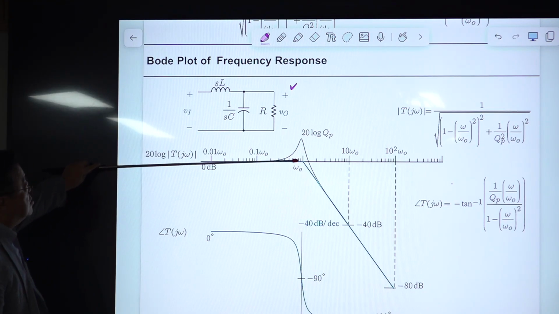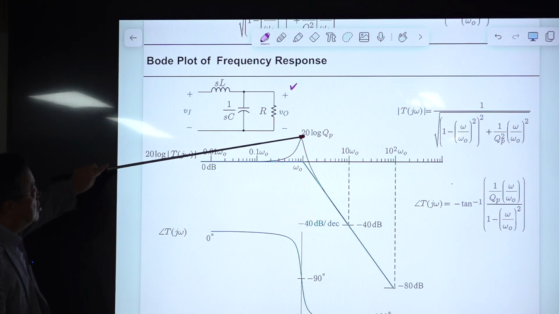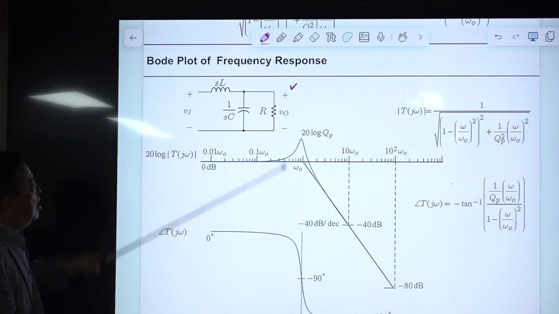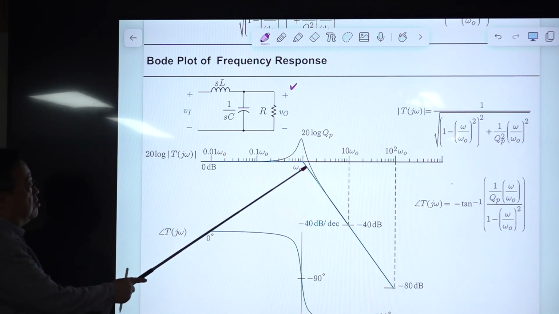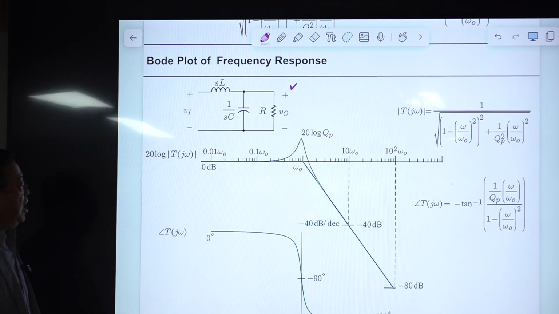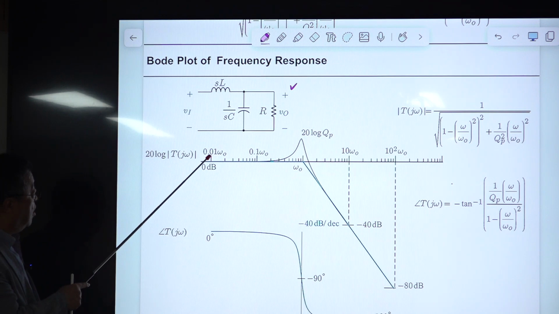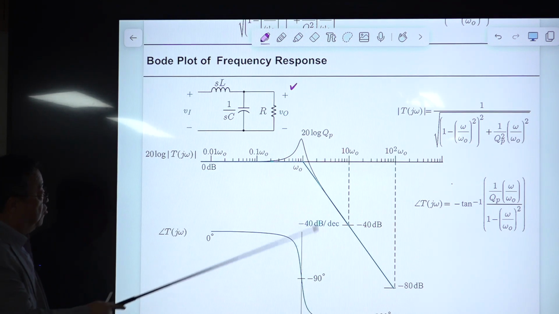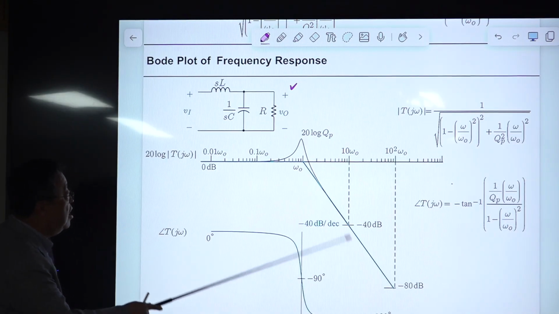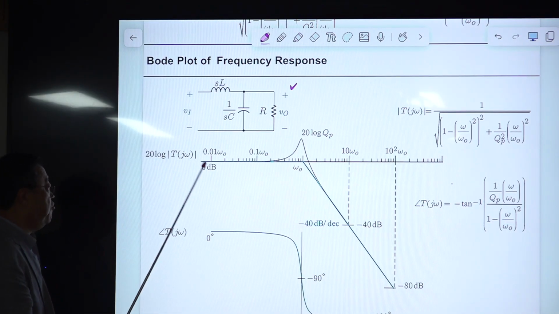And this is the double pole at this frequency, and it has peaking here. Starting from this double pole frequency, the slope of this magnitude curve is minus 40 dB per decade, and the phase is 0 in this area, and the final phase is minus 180, and there is an abrupt change in the phase.